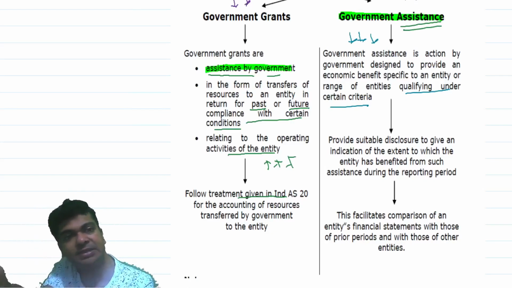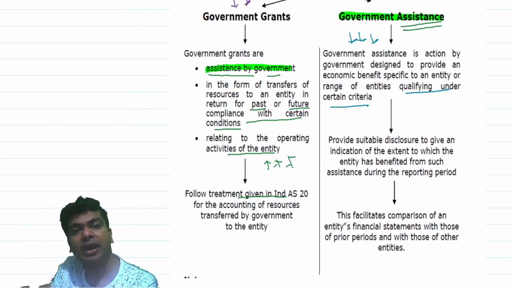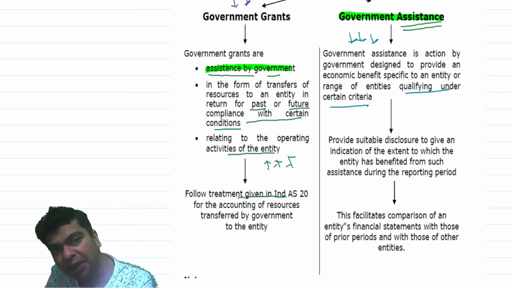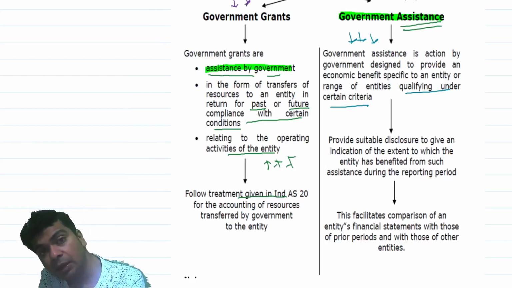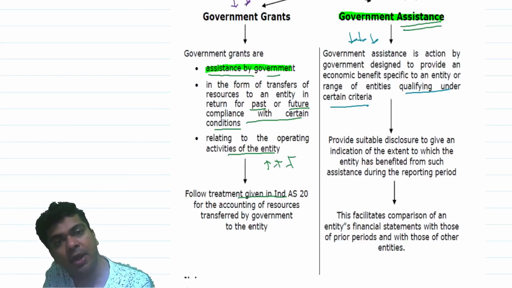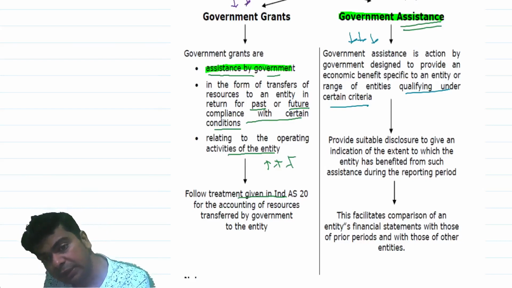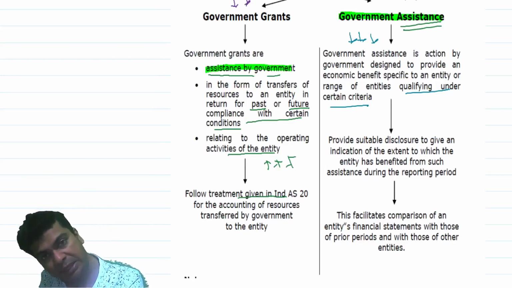I will simply say that government assisted me, that government designed a scheme to protect my interest. That is what all I can really say. But in order to record some accounting entries, I require a one-on-one relationship between the government grant and the resources that have been transferred to me. That will not happen in normal government assistance.